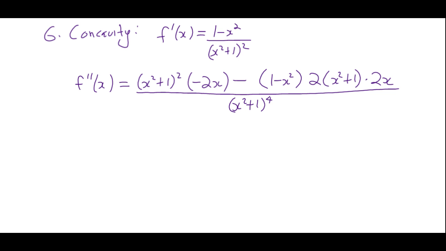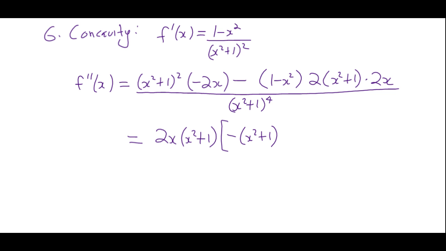So I have an x squared plus 1, I've got an x squared plus 1, I've got a 2x. So we've got a common factor we can pull out of 2x and x squared plus 1. Okay, so let's do that up top. We're going to pull out a 2x and an x squared plus 1. So this first term, it's got a negative, and then we need one more of these, so it'll be negative (x squared plus 1).